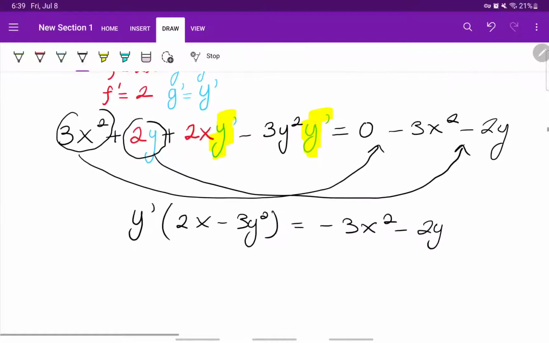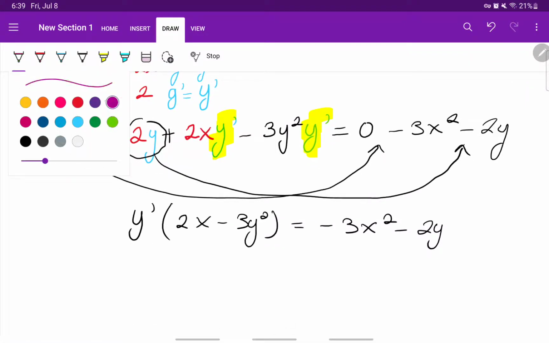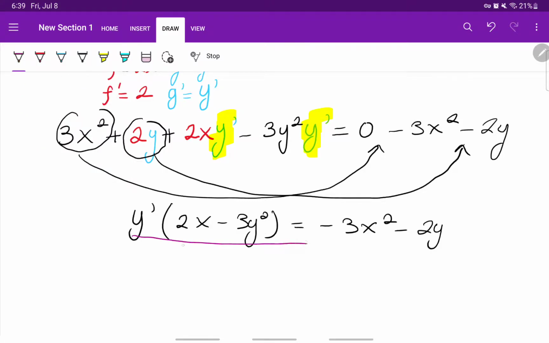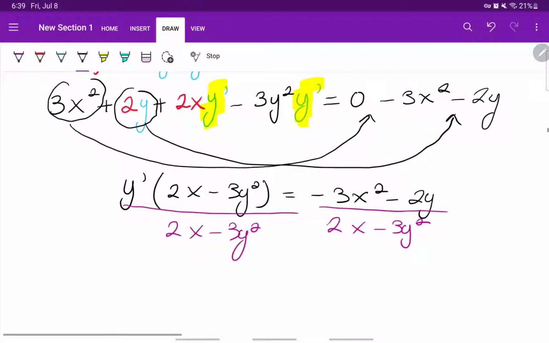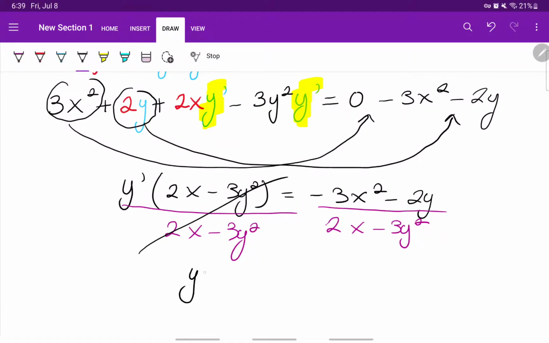And then to get y prime by itself, divide both sides. Let's do this in purple, actually. Divide both sides by 2x minus 3y squared. Y prime is equal to, and please do not start canceling terms like that, because as soon as you start doing stuff like that, you're going to lose points because that's violating the rules of algebra.